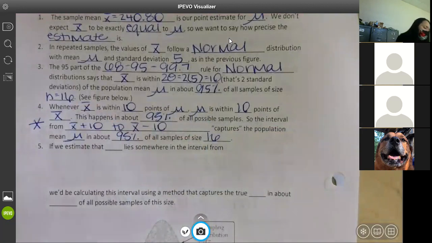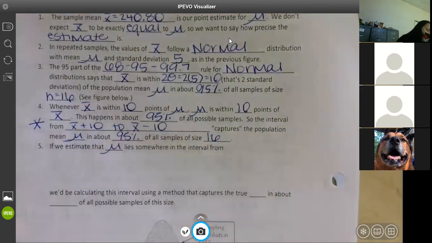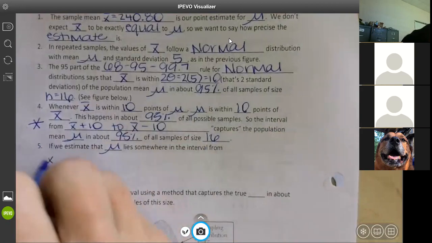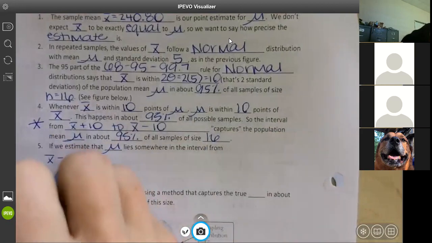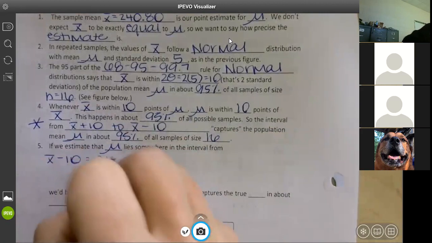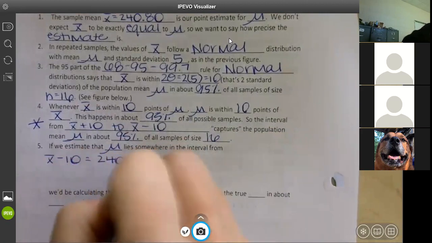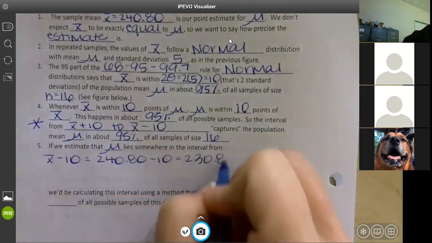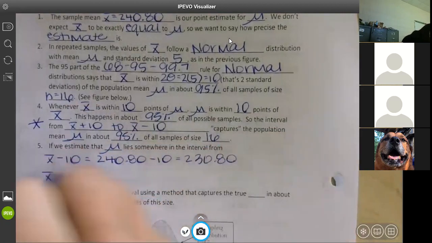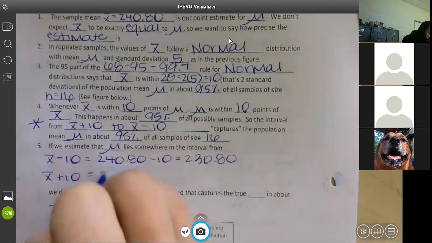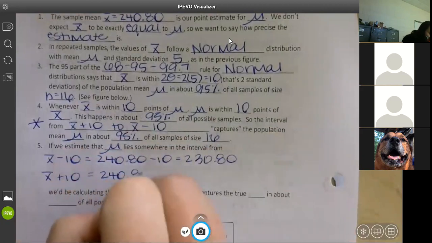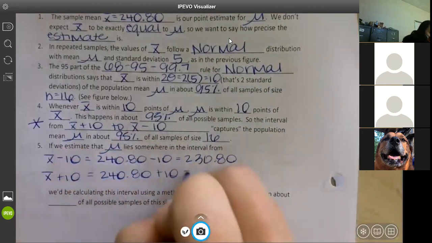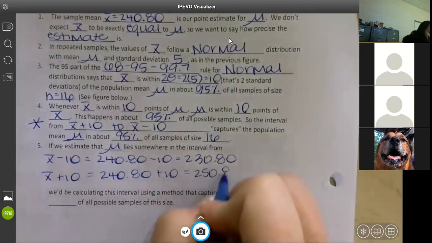So if we estimate that mu lies somewhere in the interval from X bar minus 10, X bar was 240.80, minus 10 gives us 230.80. And X bar plus 10, which is 240.80 plus 10, or 250.80.